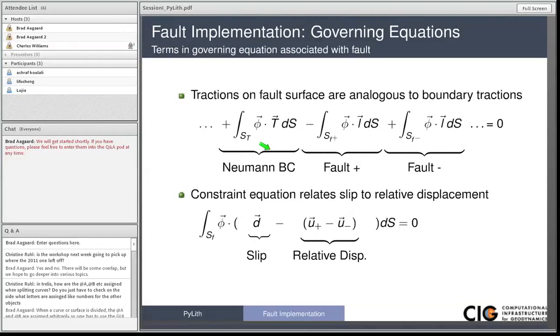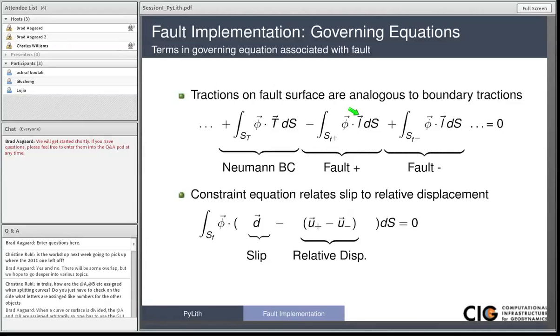With this view of how we implement the fault, here is what it looks like: our traction boundary conditions on our boundary surface. We have the very same thing for our fault. So here, the traction on the fault I'm denoting by L, and that stands for Lagrange multiplier because we use Lagrange multipliers to constrain the fault slip.